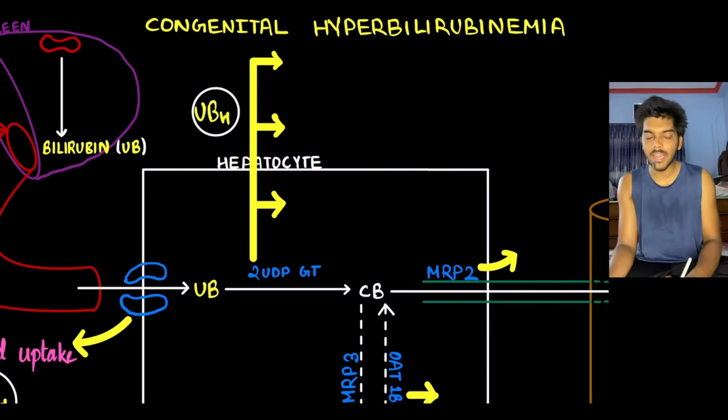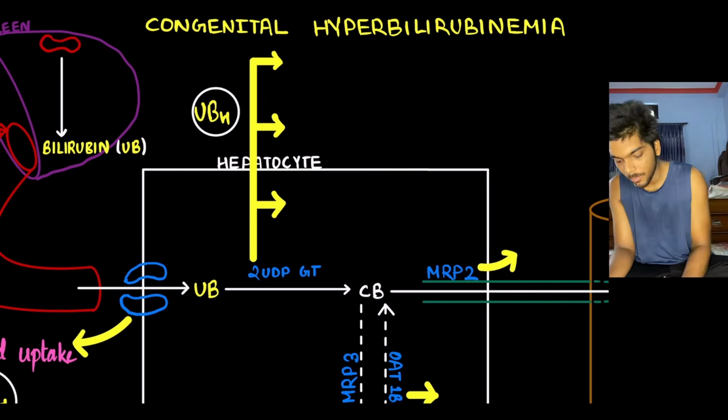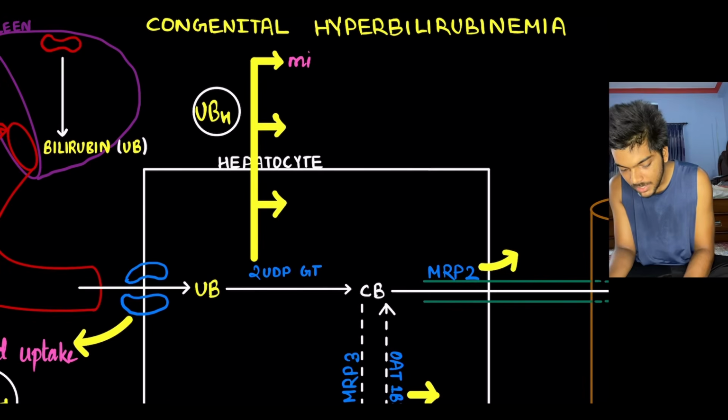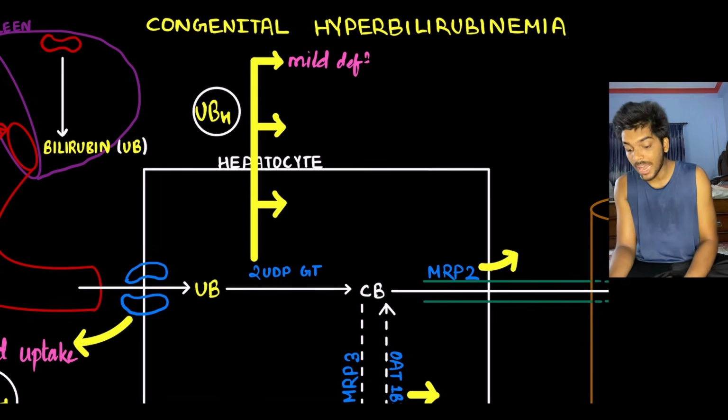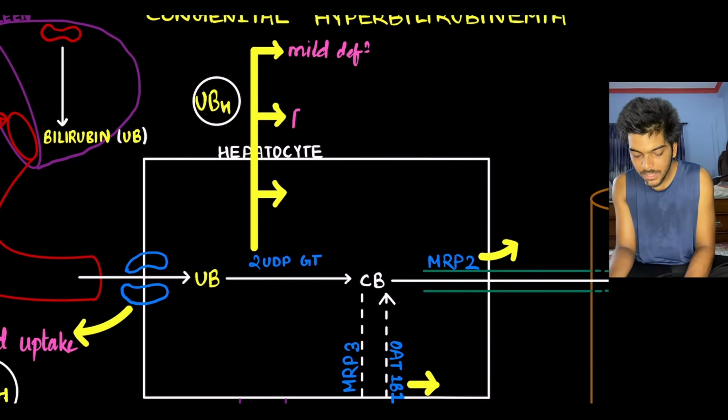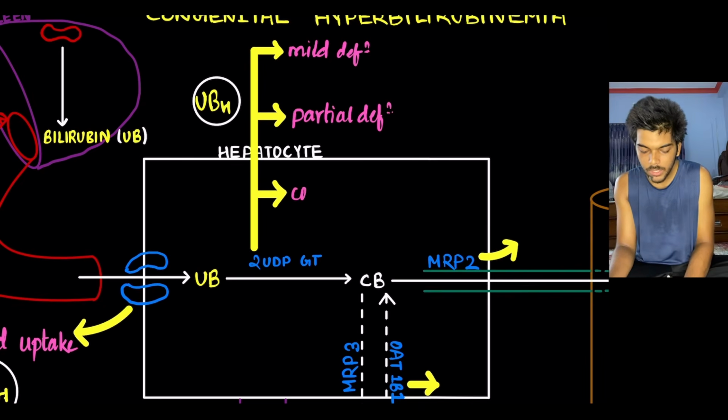Now, there are three types of deficiency that can take place. Either the deficiency is mild, the genetic mutation is not that strong, or there is partial deficiency, or there is the worst of the worst, complete deficiency of glucuronosyl transferase.